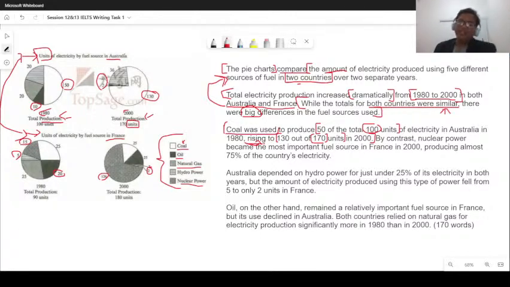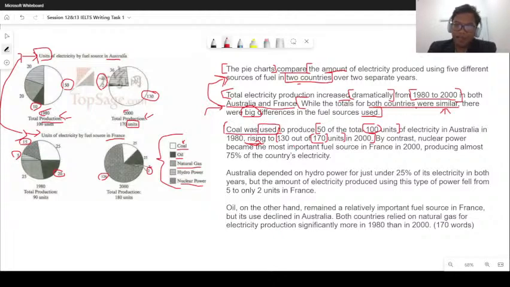And then please note here, take a look at the tenses a little bit. In the second paragraph, this is past tense. You can see it's pretty consistent: increased, were, versus use. And then in the third paragraph, consistently also past tense.